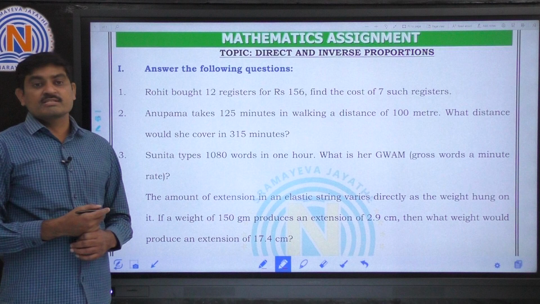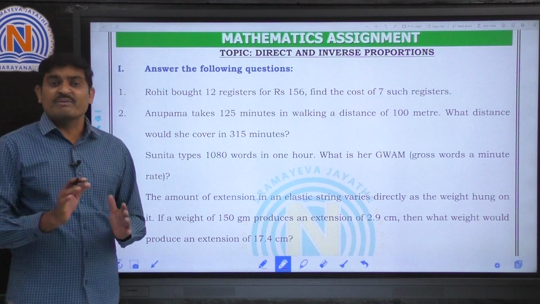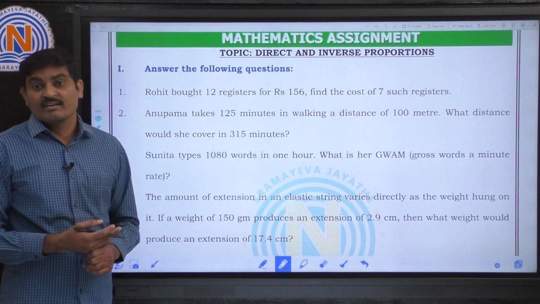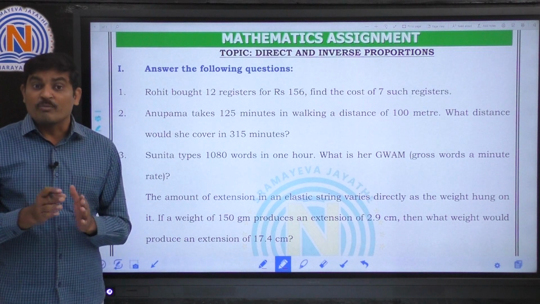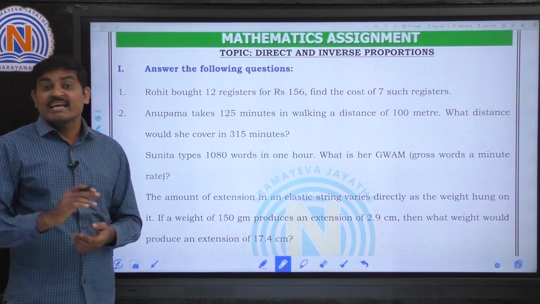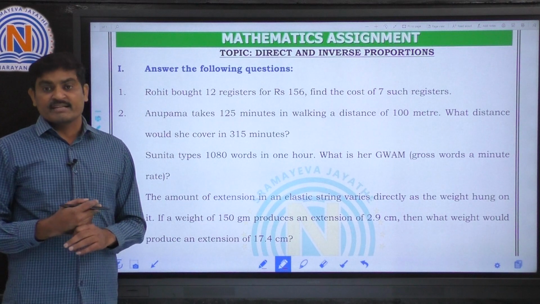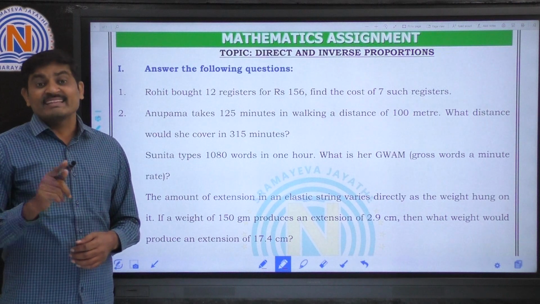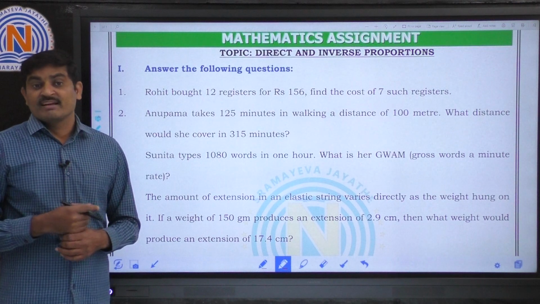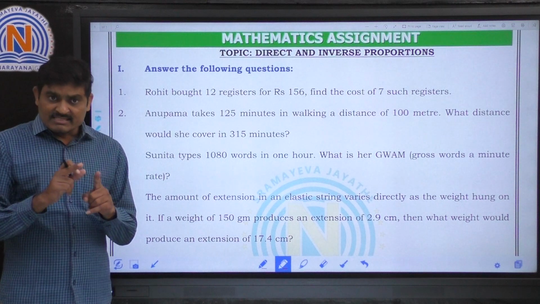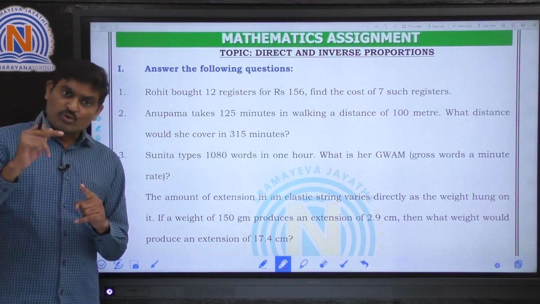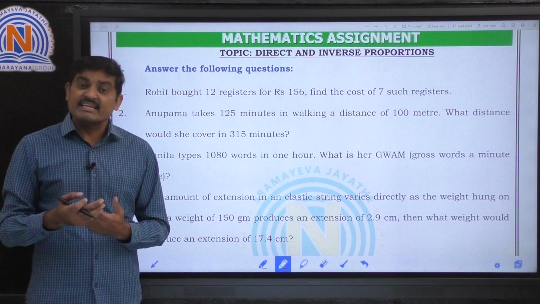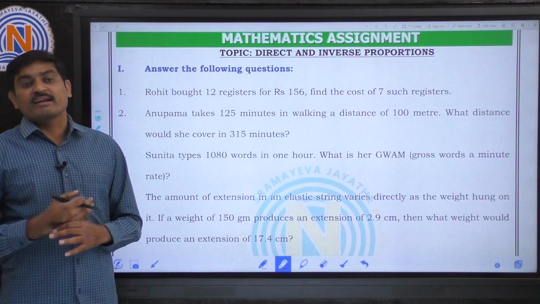Now coming to the second question: Anupama takes 125 minutes in walking a distance of 100 meters. What distance would she cover in 315 minutes? Here time is increased from 125 to 315, so the distance must also increase from 100 to some other number.